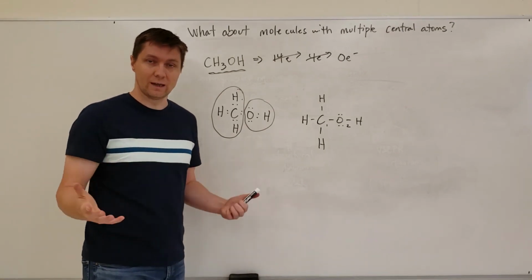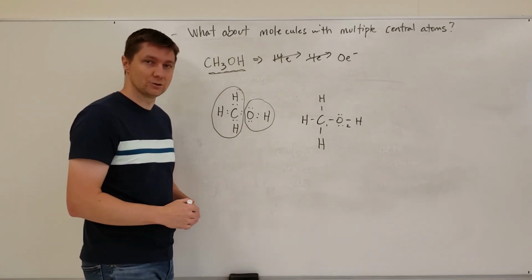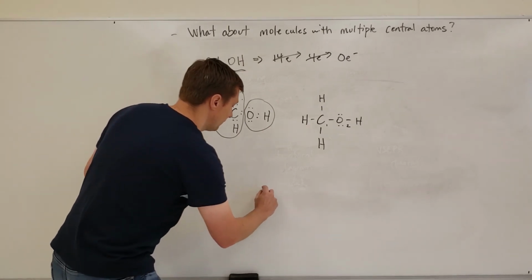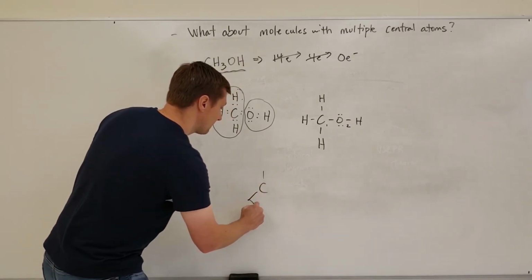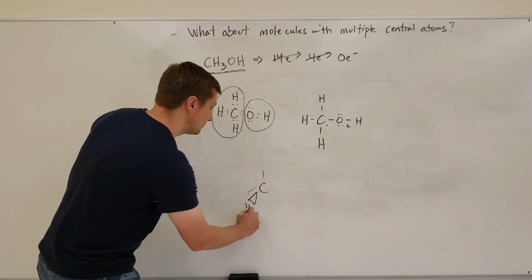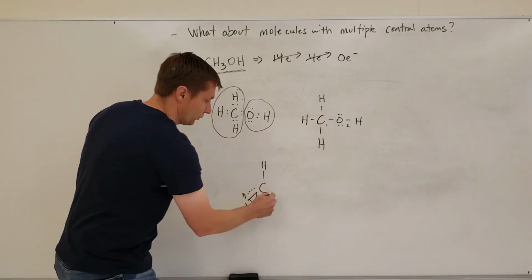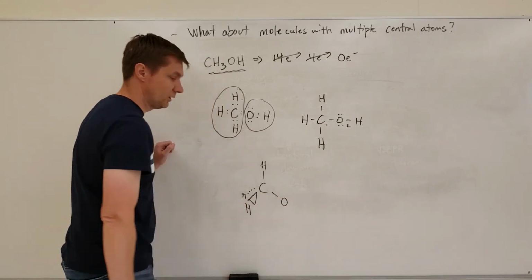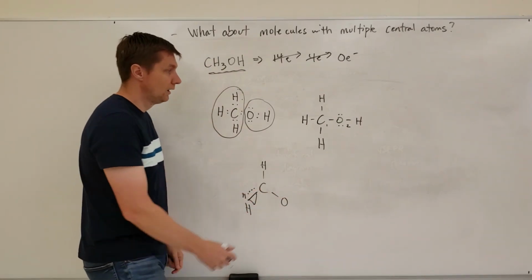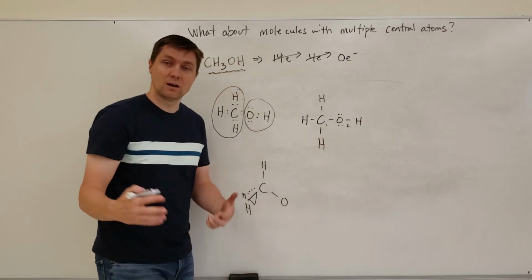So I'm just going to go ahead and draw that as a tetrahedral. So here's my carbon. I know I've got the wedge like this with the H and the H and the H there like this, and then the fourth one is the oxygen coming off right there. So there's my tetrahedral.